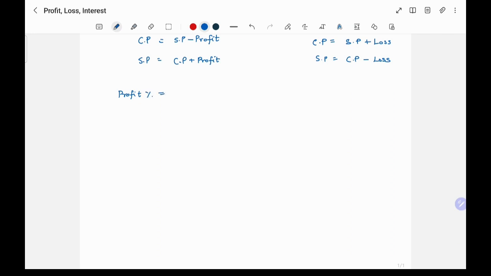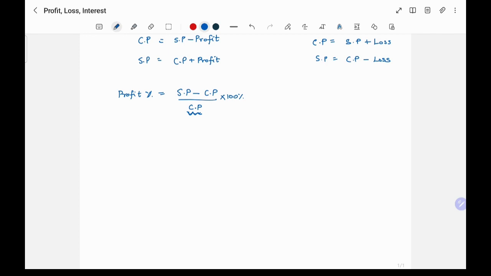Okay, so next we'll see what is profit and loss percent. Profit percent is the percentage change we were talking about in the previous videos. So it is selling price minus cost price divided by cost price into 100. It is always with respect to the initial value, cost price, unless otherwise stated explicitly.